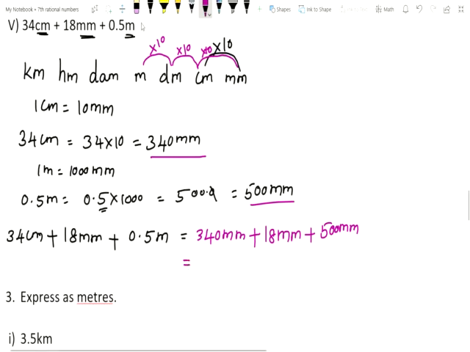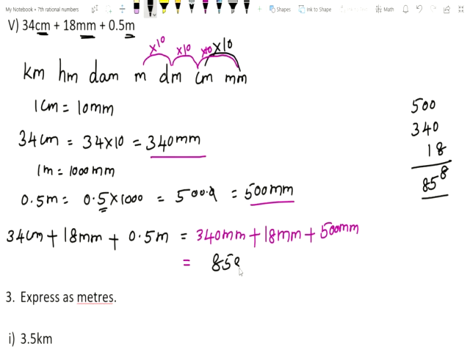What you will get? 500, 340, 18. 858 millimeter. So 34 centimeter plus 18 millimeter plus 0.5 meter equal to 858 millimeter. You understand, children? Okay, children. See the next one.